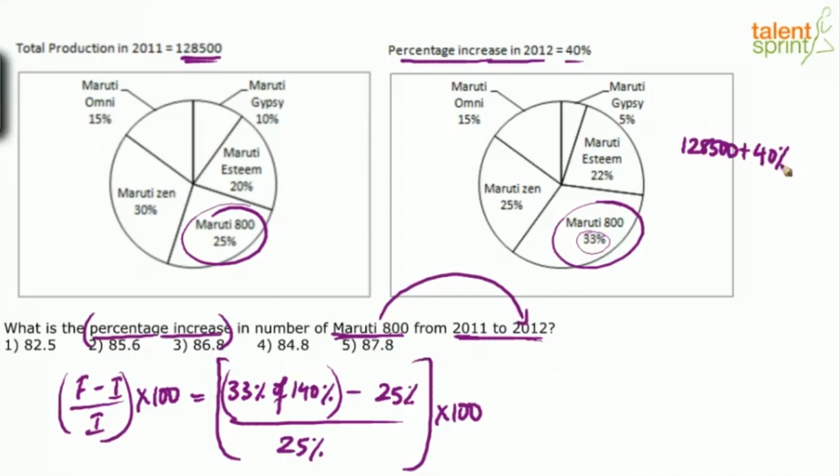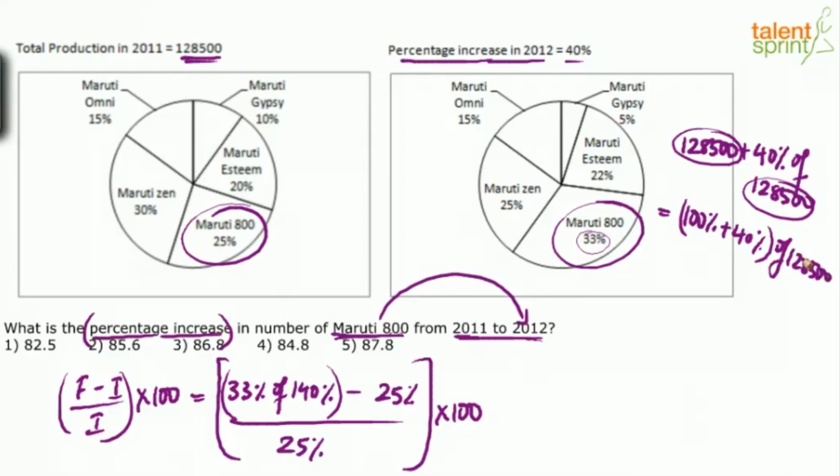It has increased by 40%, so plus 40% of 1,28,500. If you take 1,28,500 common here, this is like 100% of 1,28,500 plus 40% of 1,28,500. So it comes out to be 100% plus 40% of 1,28,500, which is 140% of 1,28,500.